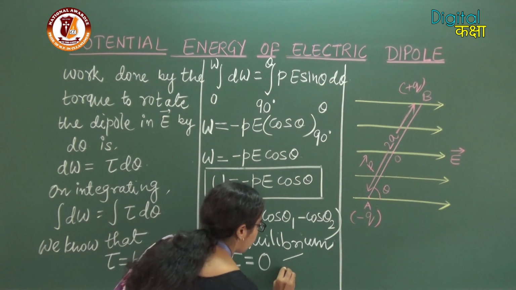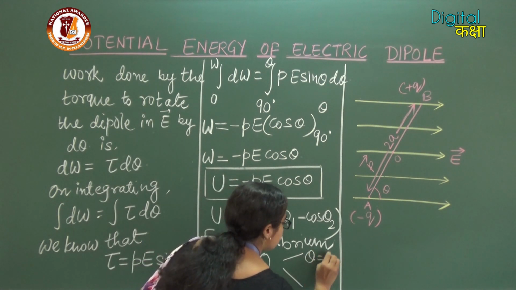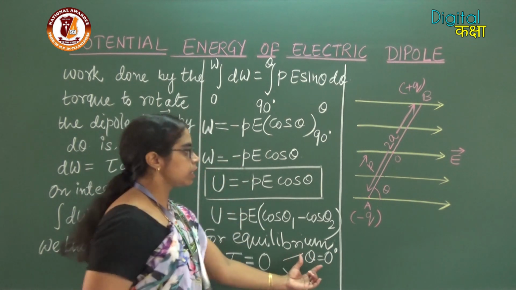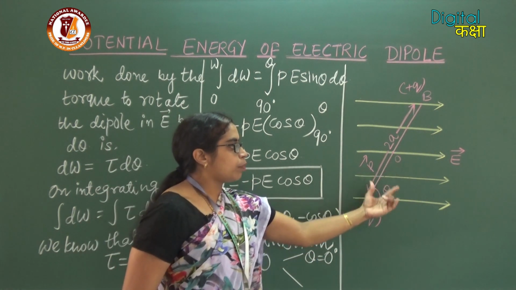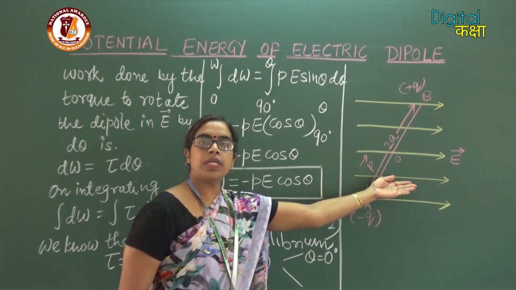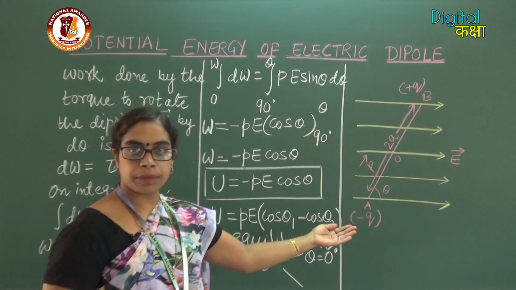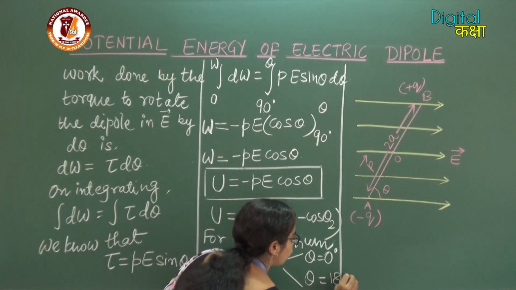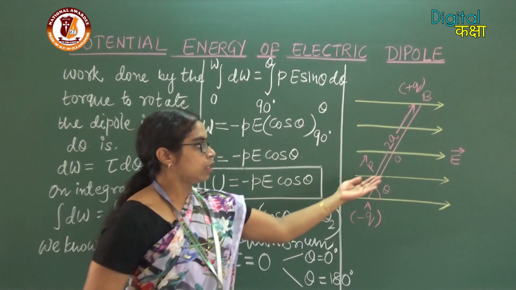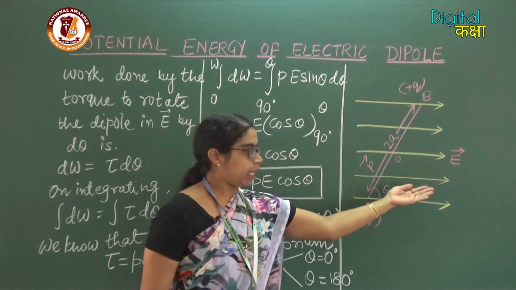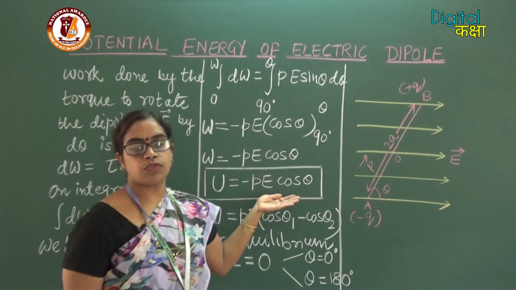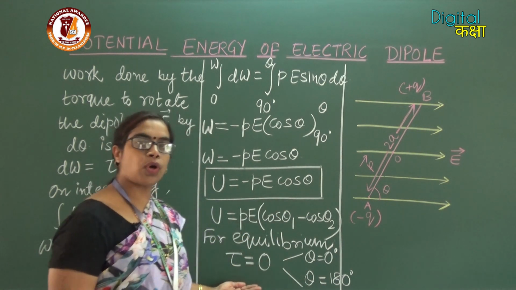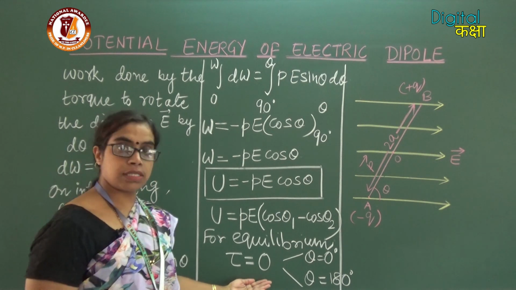This is obtained for theta equal to 0 degree, that means when the electric dipole is kept parallel to the direction of electric field. The other case is when theta is equal to 180 degree, meaning the electric dipole is kept anti-parallel to the electric field. In both cases, the value of torque will be 0.